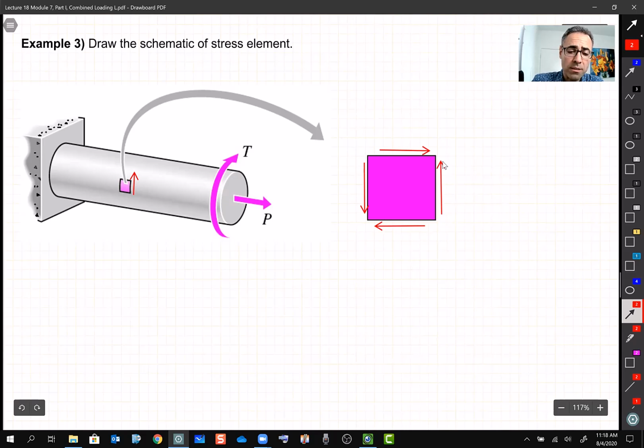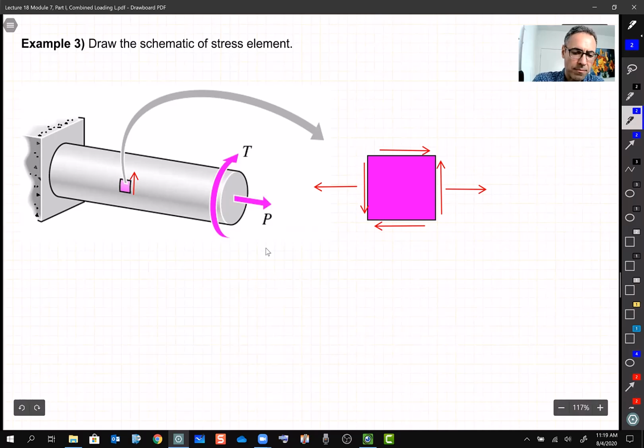If we find one, the rest just comes together, all right? And P creates a normal stress, which is more like that, okay? So these are our stresses for this element.